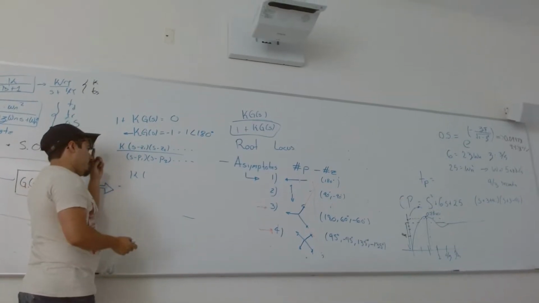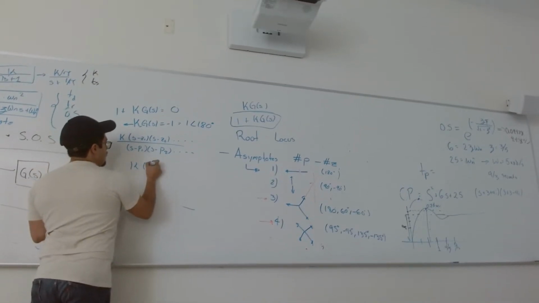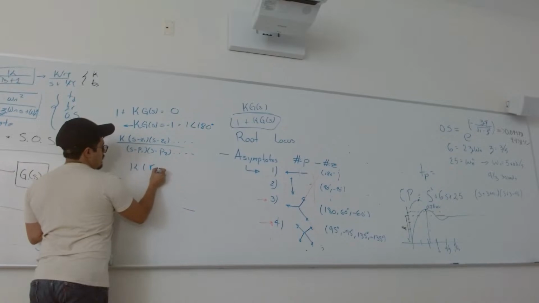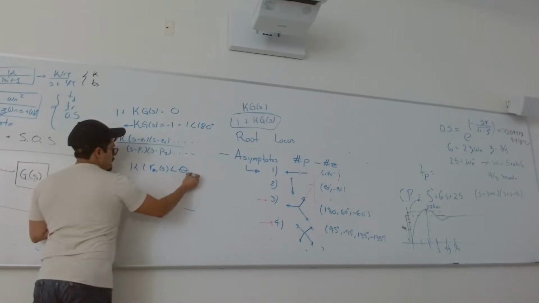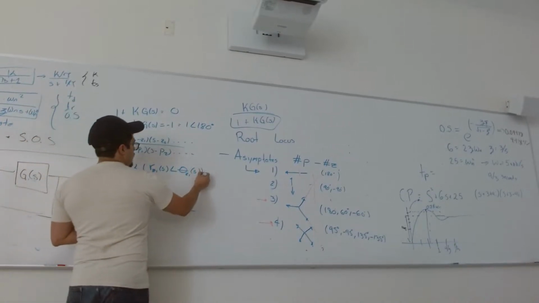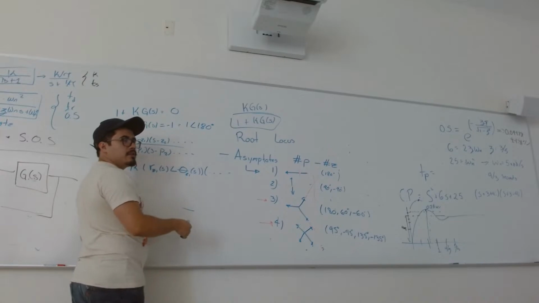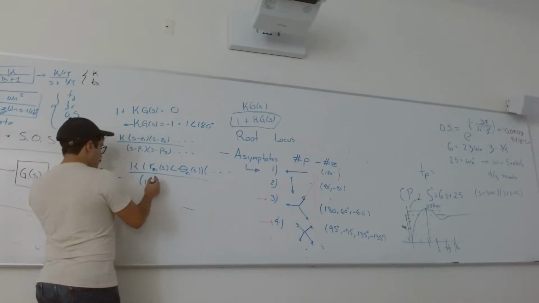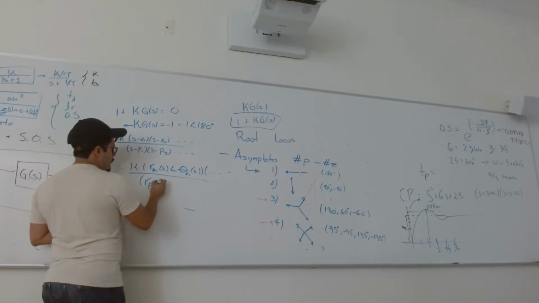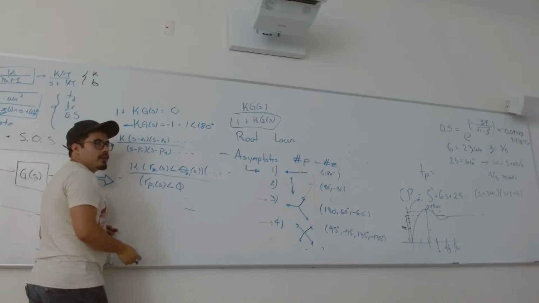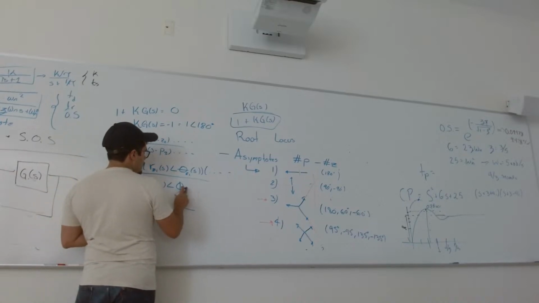I'm going to write it as R1 with an angle that is also dependent on s. Then the other one is going to be the same, and so on. In the denominator I'm going to have the same thing, but for the poles, and I'm going to change the names to make it a little more obvious.